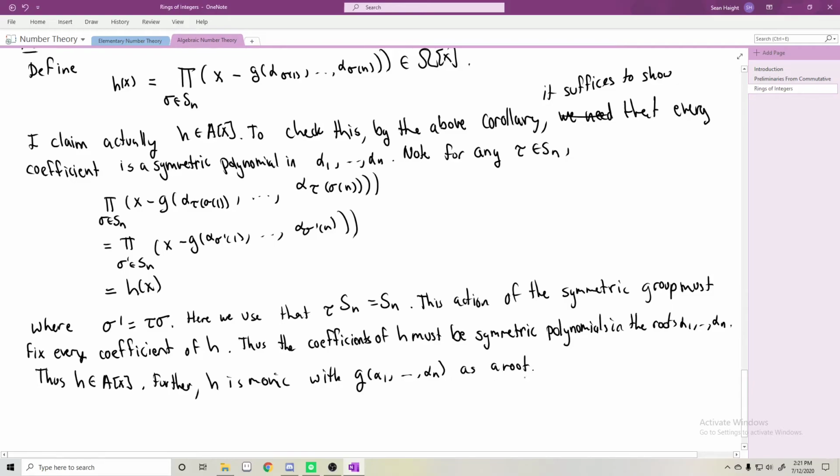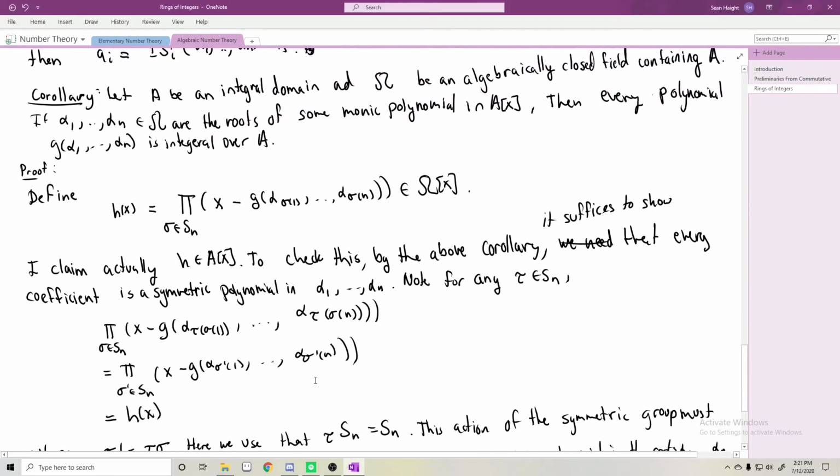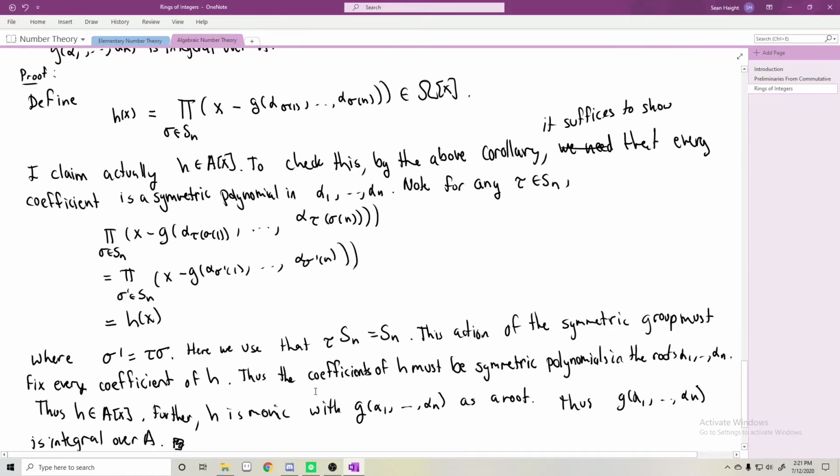Thus, this guy, alpha 1 through alpha n, is integral over A. So this is kind of like the main corollary that we needed.